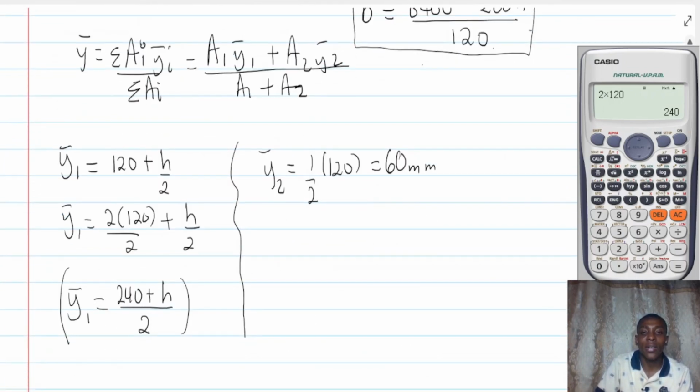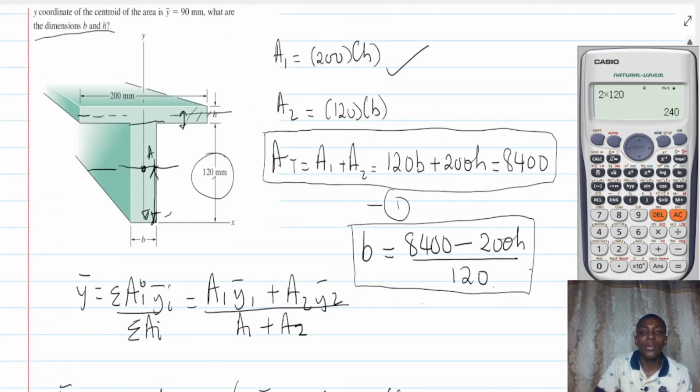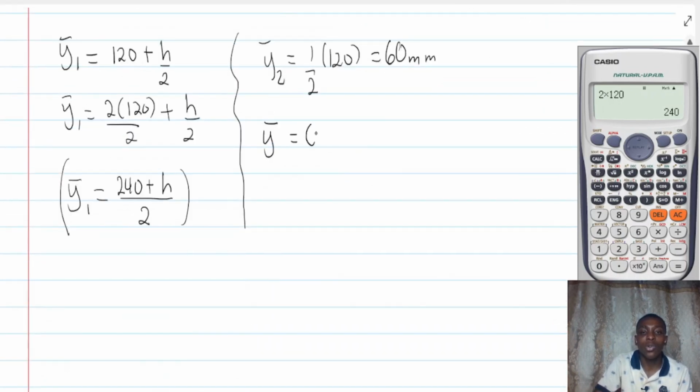Now we are saying that the y bar is going to be A1 y bar 1 plus A2 y bar 2 divided by A1 plus A2, which is the total area. A1 is 200 multiplied by H, so it's 200H, multiplied by y bar 1, which is 240 plus H divided by 2, plus A2.